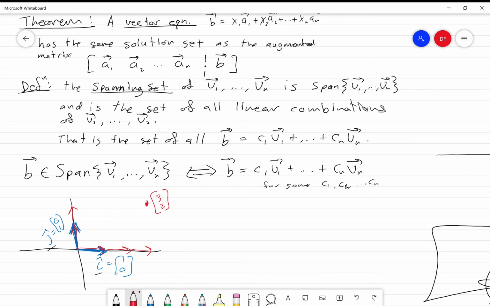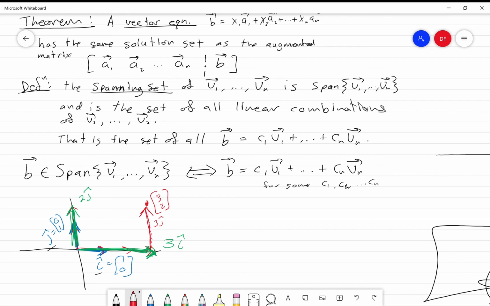If you look, this vector right here is 3 i hat, and this vector here is 2 j hat. Now again, I can take this vector and move it over here.